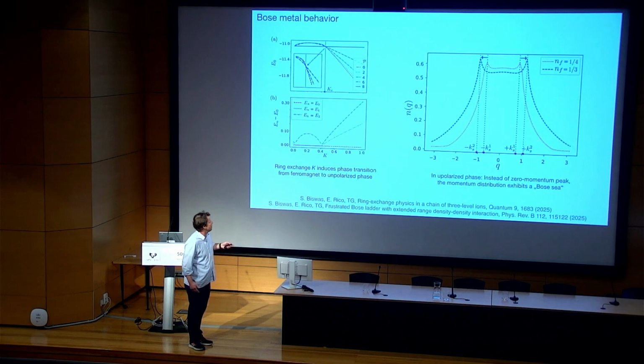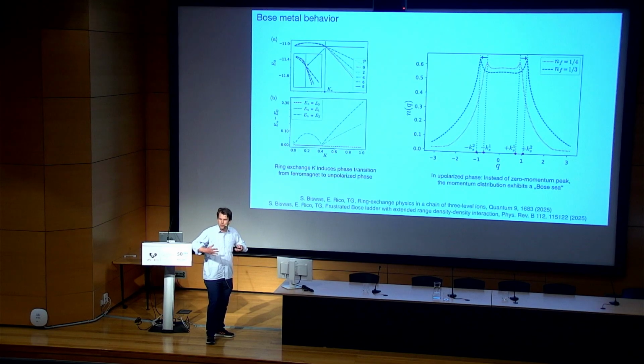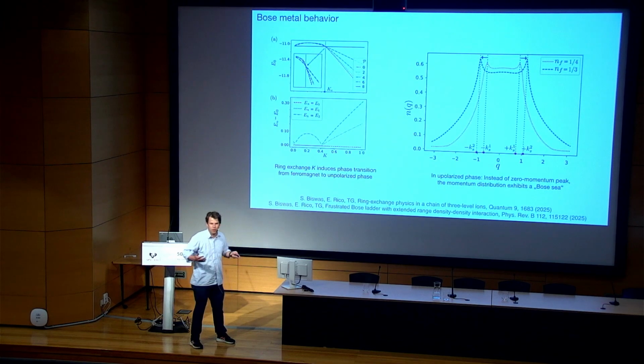If you look at the momentum distribution of the bosons, since we map the spins onto the bosons, you see a function which has a plateau and looks very much like a Fermi sea, but it's bosons, so it's what I call a Bose sea.